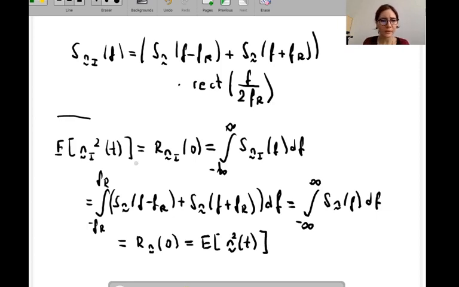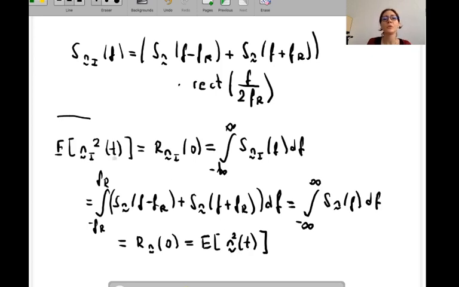Since these are real, you can just omit the magnitude sign. Okay, so what this tells us is that Ni of t has the same mean square value or average power as the original process.